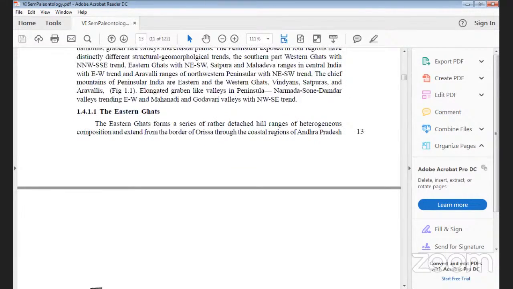The Eastern Ghats form a series of detached hill ranges with a heterogeneous composition, extending from the border of Orissa through the coastal region of Andhra Pradesh.